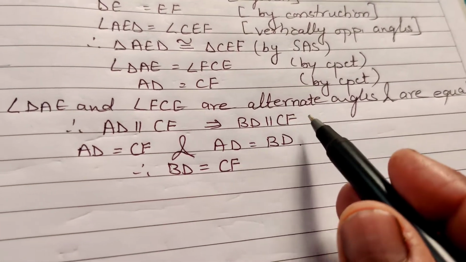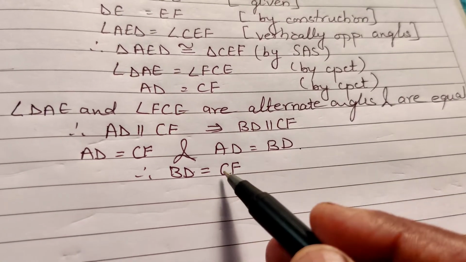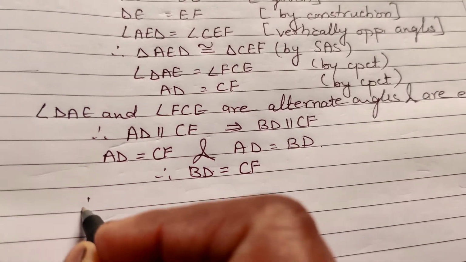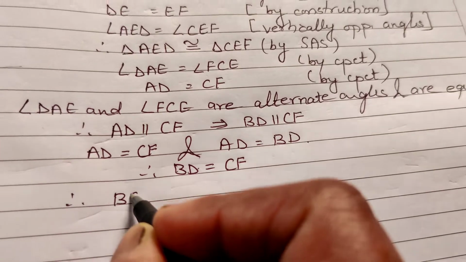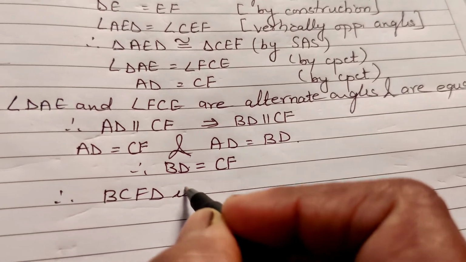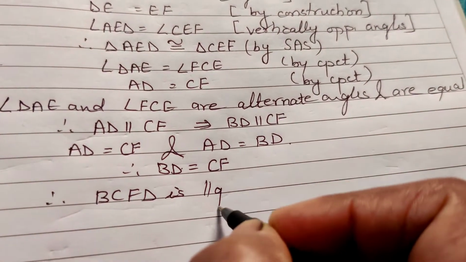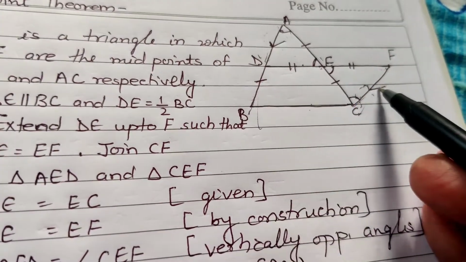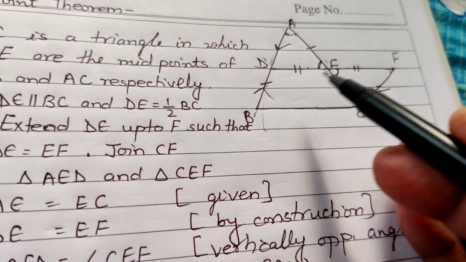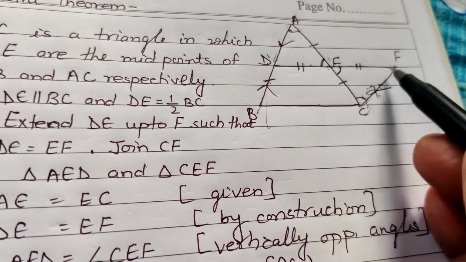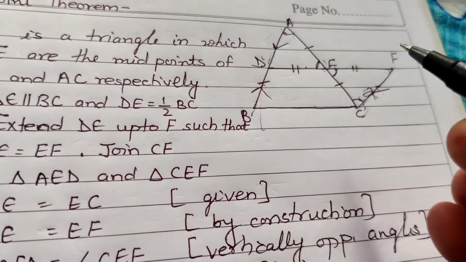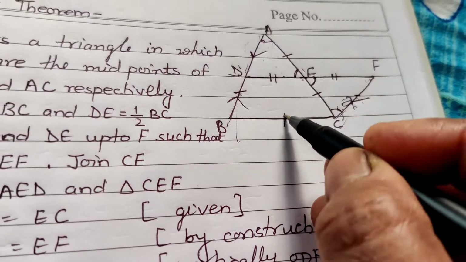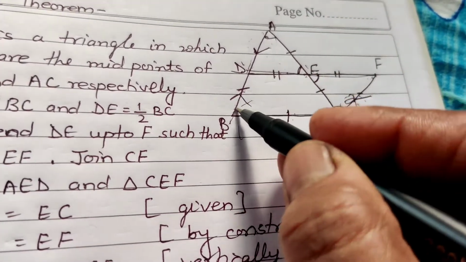If BD parallel to CF and BD equal to CF, therefore BDCF is a parallelogram. Now it is a parallelogram, it means BC equal to DF, as opposite sides are equal.